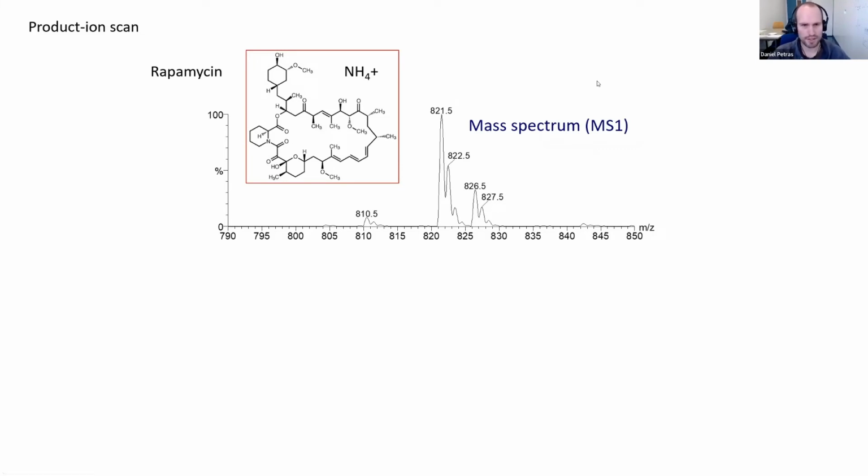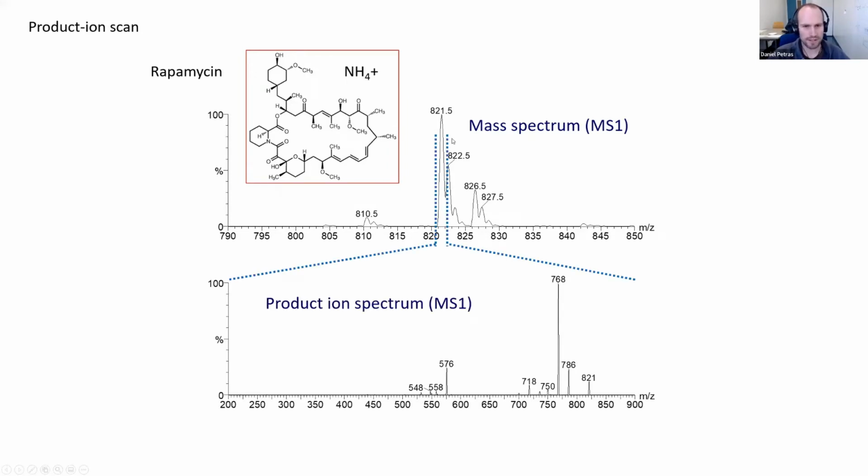When you look at it, for example, here we have rapamycin, a famous natural product. If we look at this MS1 scan, which is just a full scan of the intact mass of these molecules, we would see there are 2 peaks here with nice isotopes of the ammonia adduct of rapamycin. And then in a product ion scan, we would now do an isolation, for example, of this mass 821, and then fragment this, right?